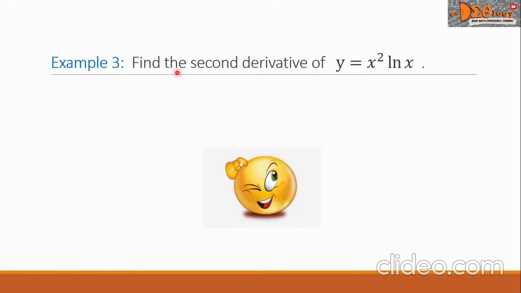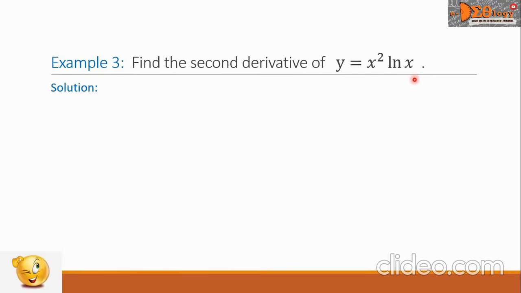Example 3. Find the second derivative of y equals x squared times ln x. For our solution, we take note that here we have a product of two functions again. The first function is x squared. The second function is ln of x.